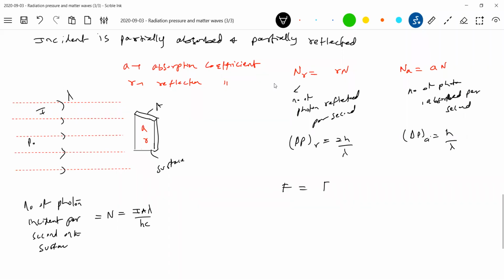The total force is due to absorption of photons and reflection of photons: force due to absorption plus force due to reflection. What is the force due to absorption? n_a into the change in momentum.